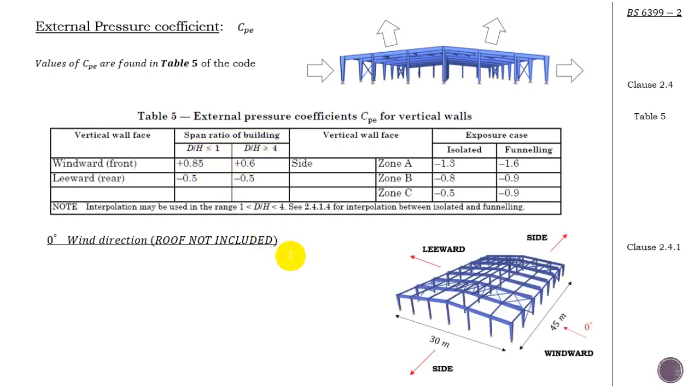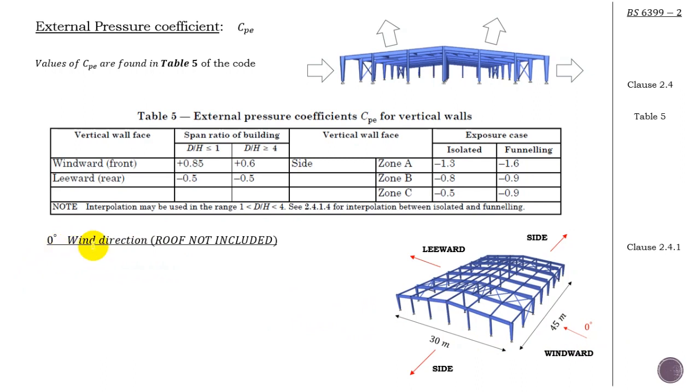What you need here is that, first of all, remember, when we are talking about wind, we have to consider, at least for this method, two directions, okay? 0 degree, this is the one we are starting with, and then we shift to the 90 degree wind direction.